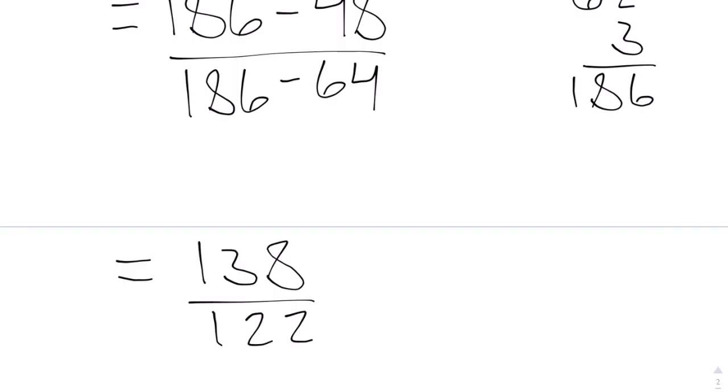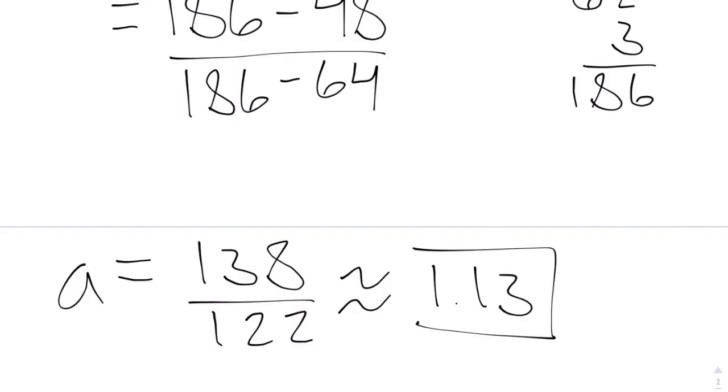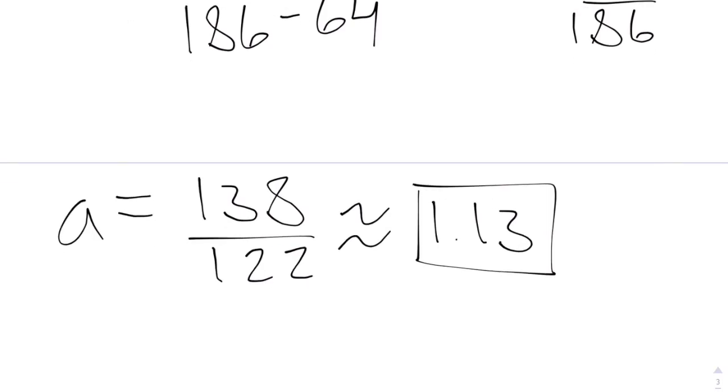Now, technically this is A, but I want you to use a calculator and simplify this, and you should get approximately 1.13. Let me fix that 3. Okay, that's A.